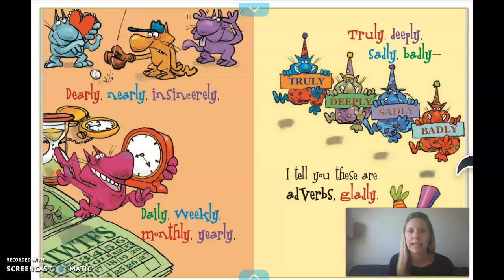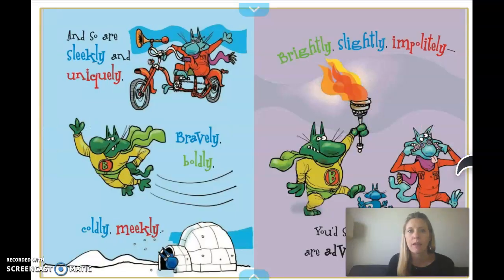Dearly, nearly, insincerely, daily, weekly, monthly, yearly, truly, deeply, sadly, badly. I'll tell you these are adverbs gladly. And so are sleekly and uniquely, bravely, boldly, coldly, meekly, brightly, slightly, impolitely. You'd say that these are adverbs rightly.